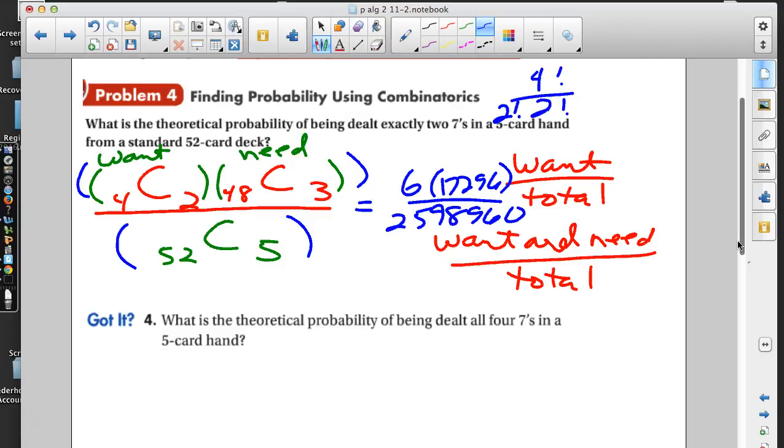And we'll multiply and we'll see if anything is going to reduce here. So 6 times our 17296 divided by 2598960. Well, actually, we could just do divide by answer. That was 2 steps ago. I better just punch it in. 2598960.